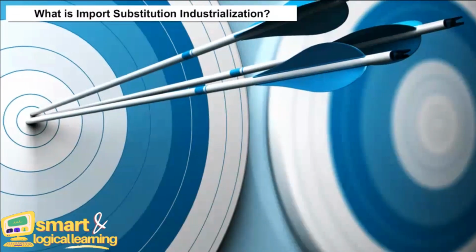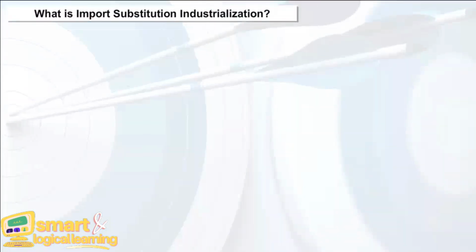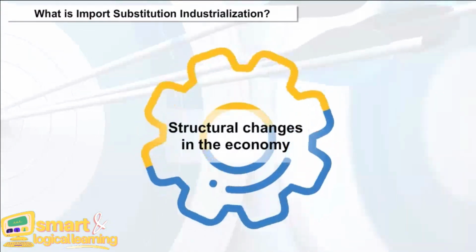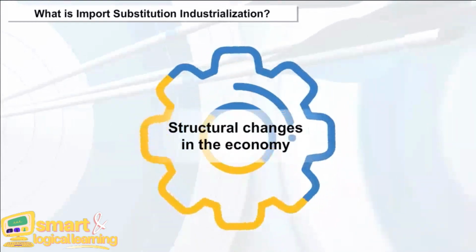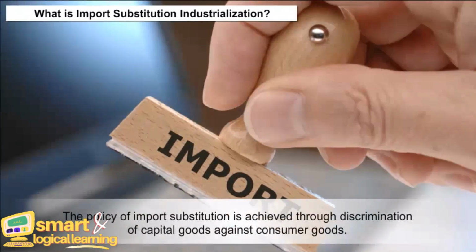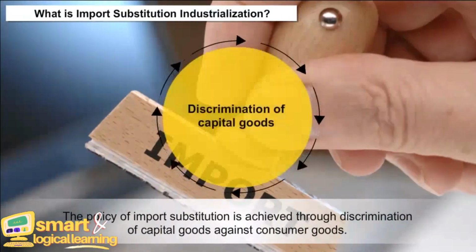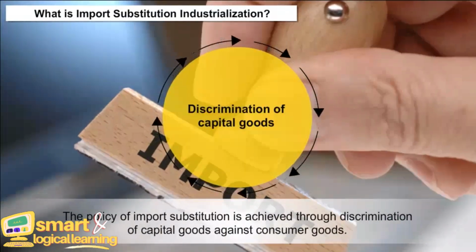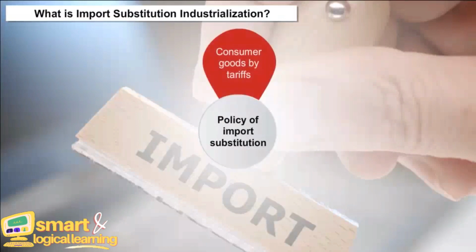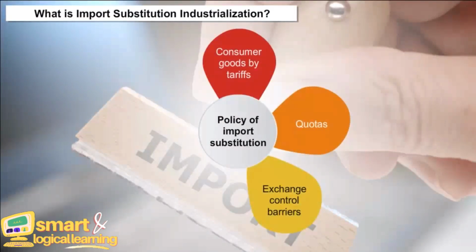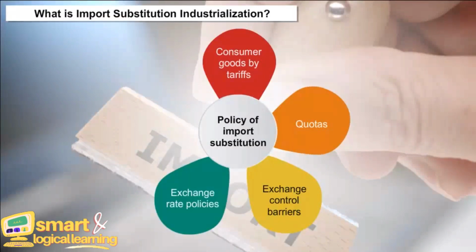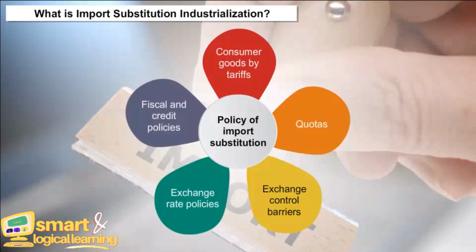The objective of this policy is to bring about structural changes in the economy. The policy of import substitution is achieved through discrimination of capital goods against consumer goods by tariffs, quotas, exchange control barriers, exchange rate policies, and fiscal and credit policies.